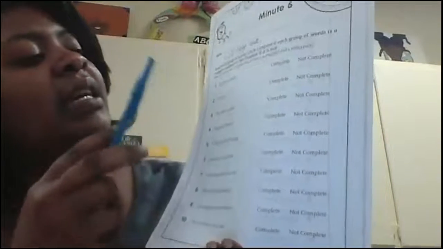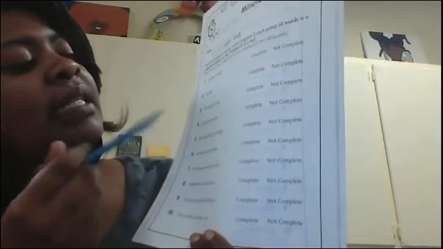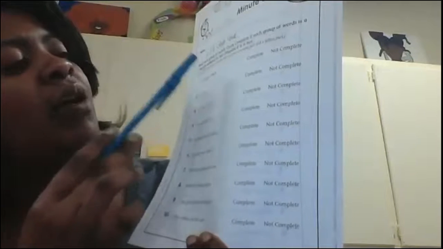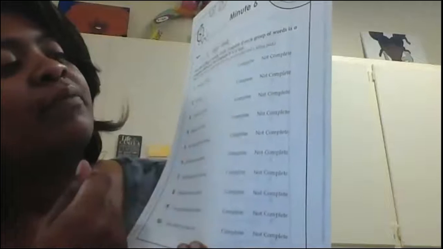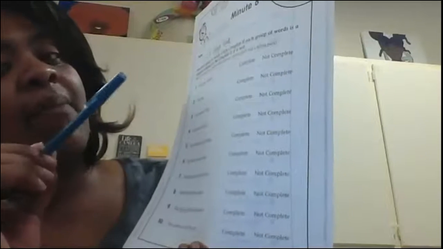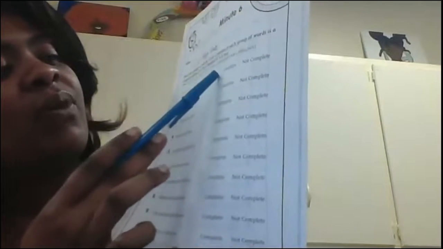Let's look at our hint. A sentence tells a complete idea and has a naming part and a telling part. Let's look at number one. The dog is black. Is that complete or not complete? It is a complete sentence. I'm going to take my writing tool, which is my pencil, and I'm going to circle the word complete for number one.